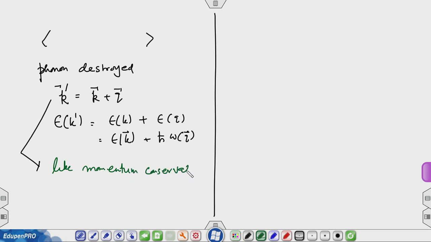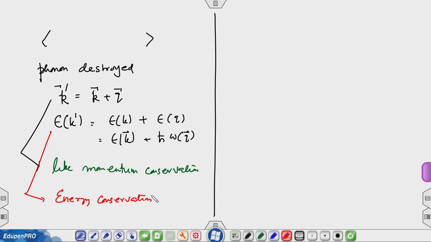As if this phonon had momentum h cross q, but it is not the real momentum, it is like the momentum. Okay. And the second term is energy conservation. So this phonon has been destroyed, it gave its momentum and its energy to the incoming particle, and the outgoing particle has this new momentum and new energy.